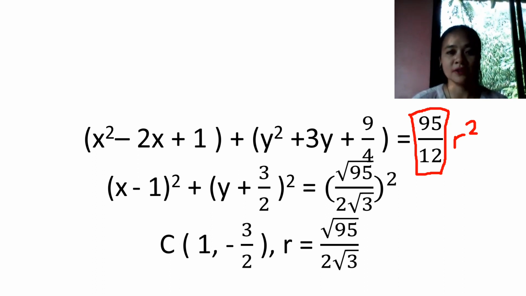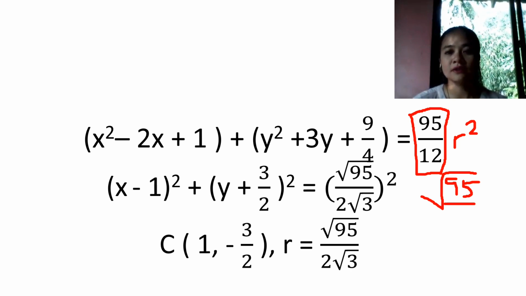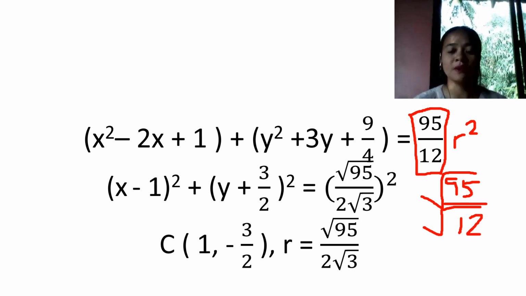So to get r, we have to find the root. So square root of 95 over 12. Square root of 12. Okay, find the values that have a perfect square.